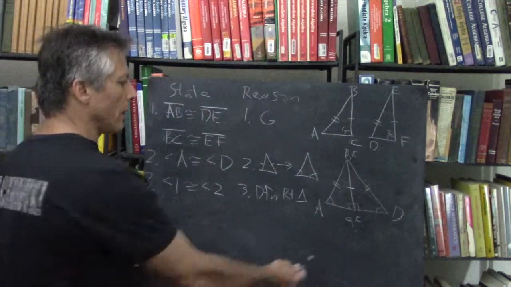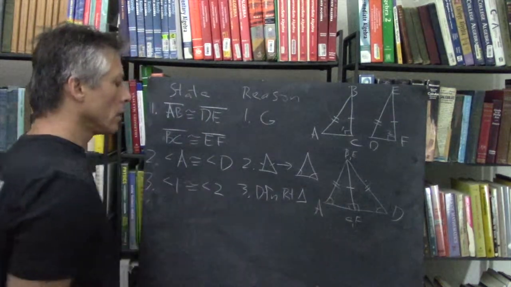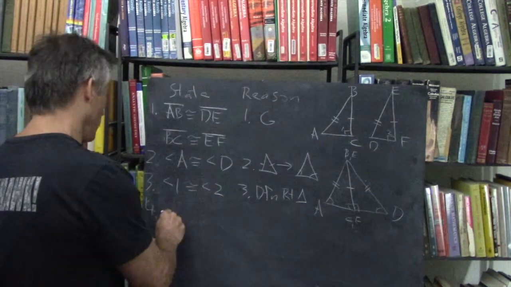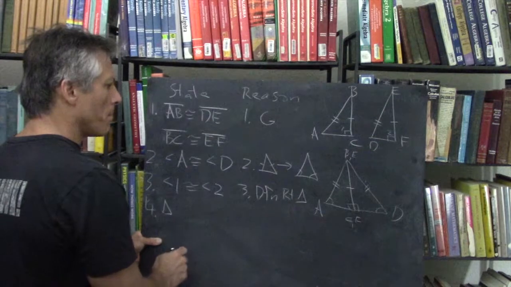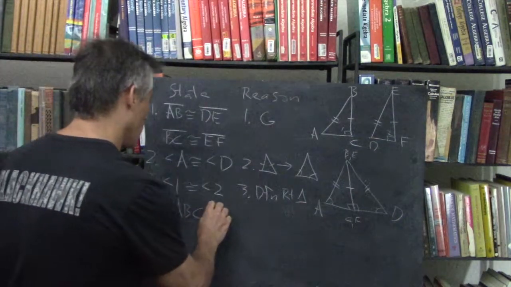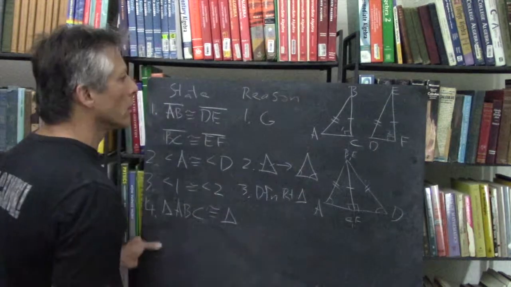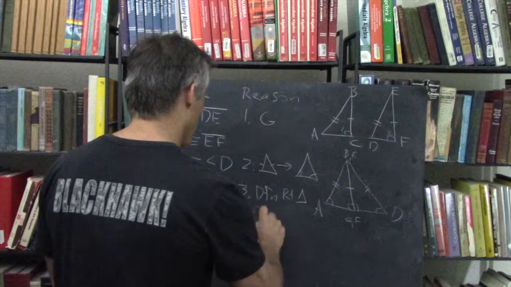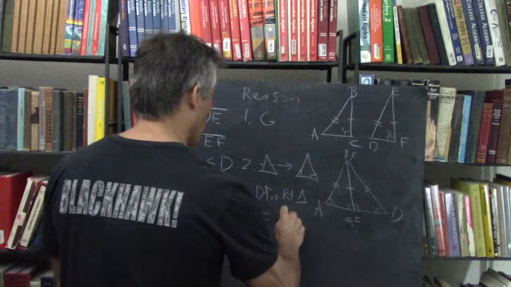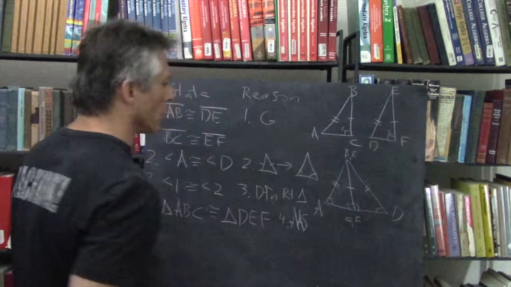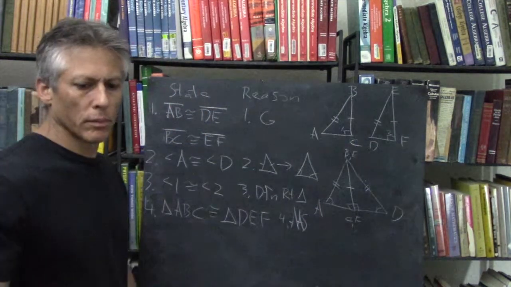And so then we have everything we need. Angle, angle, side. So we conclude triangle ABC is congruent to triangle DEF by the angle-angle-side theorem, which we just proved.